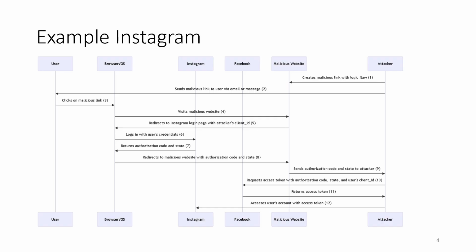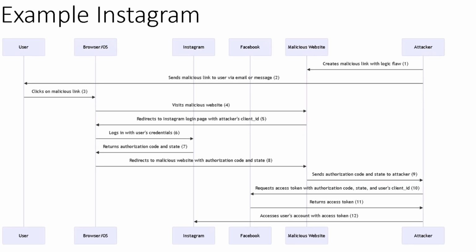The user's client ID is obtained by intercepting or guessing it from other sources. Facebook does not validate that the client ID matches the one that was used to initiate the login flow with Instagram, which is also another violation of the OAuth 2.0 specification.